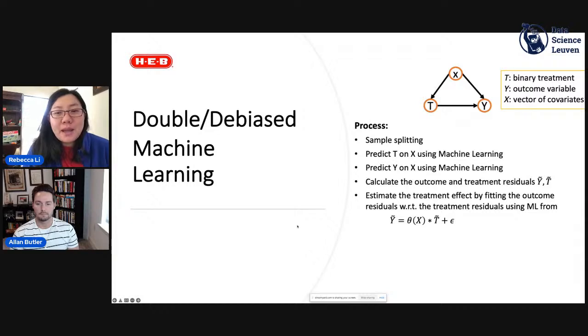And the second method is DML, double machine learning. Based on this causal graph, we know that both the covariates and the treatment will impact the output, which is the customer future value.